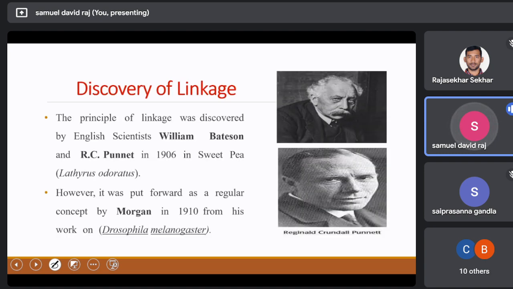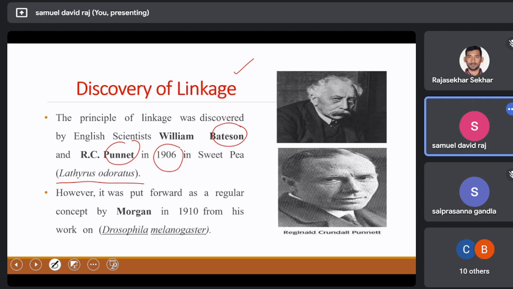And coming to the discovery of linkage. Two scientists, namely Bateson and Punnett, while experimenting on the sweet pea, Lathyrus odoratus, discovered this phenomenon, but they did not know what exactly this phenomenon is. They did not even mention the term linkage.